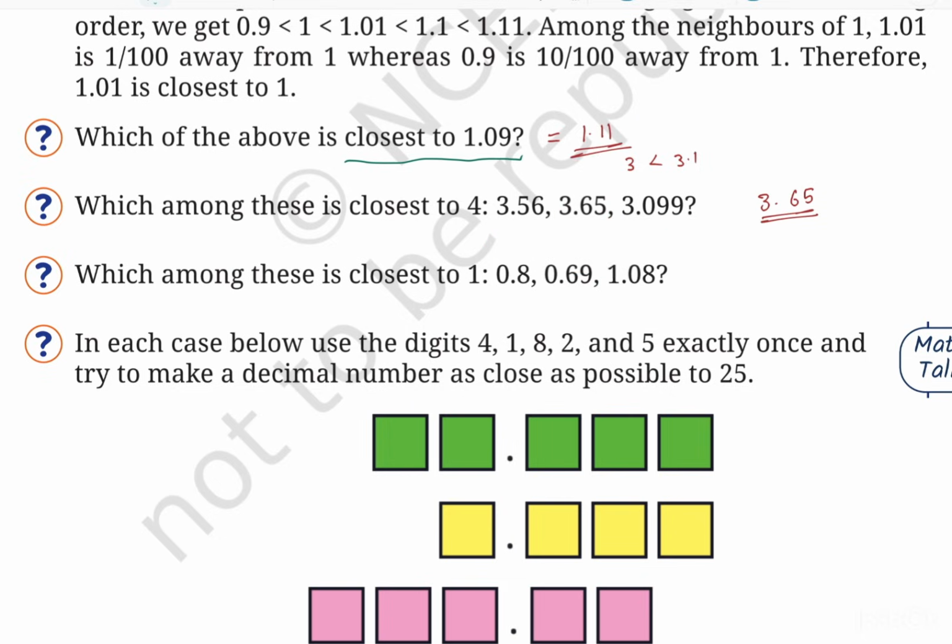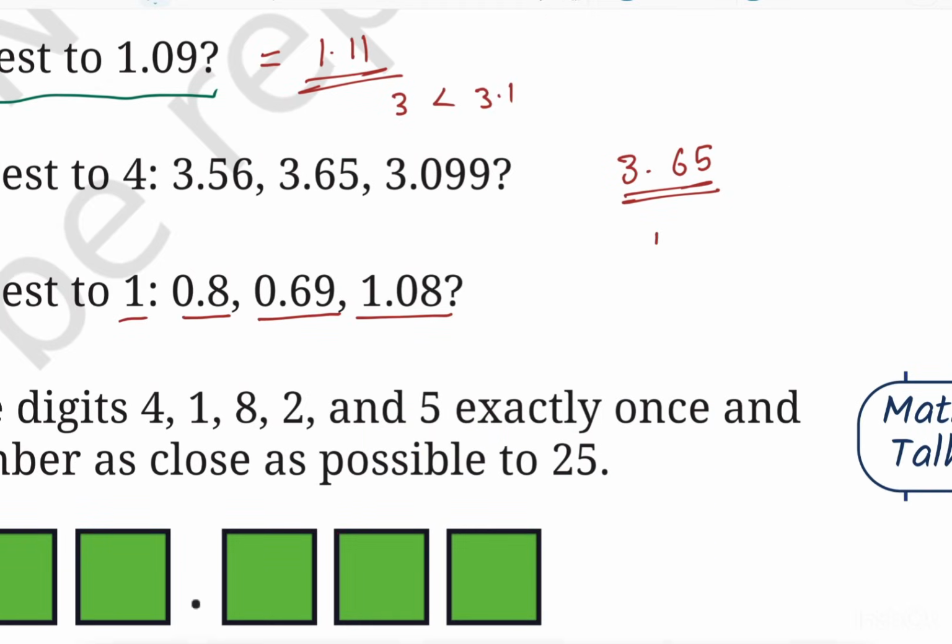Which among these is closest to 1? 0.8, 0.69 and 1.08. Let's consider the number 1. We can write 1 as 1.00 and subtracting 0.8 we have 0.20. So the distance from 1 to 0.8 is 0.20. Next, we can find the distance between 1 and 0.69.